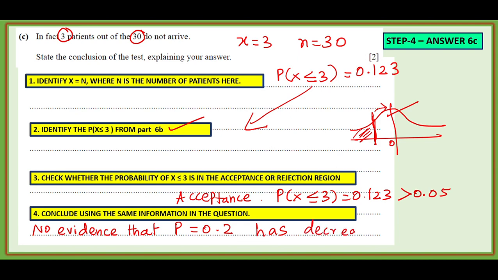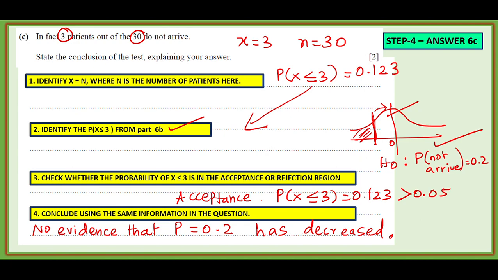There is no evidence, because it is in the acceptance region. H naught is accepted means we have defined H naught as the probability of not arriving being equal to 0.2, and this is accepted. What is the meaning of that? There is no change. So no evidence that p equal to 0.2 has decreased.